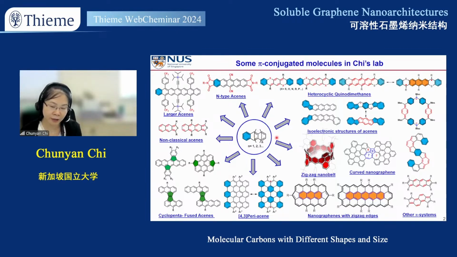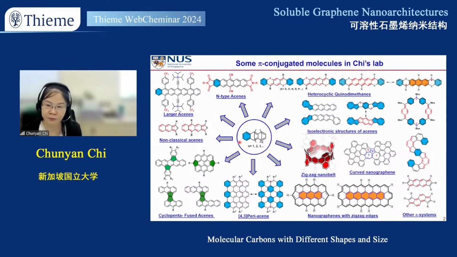So then we have to stabilize acene-based molecules. The approach developed in my group is to fuse five-membered rings on the zigzag edge of acenes to make cyclopenta-fused acenes and acene dimers. They have improved stability, and some of them have been studied for singlet fission.